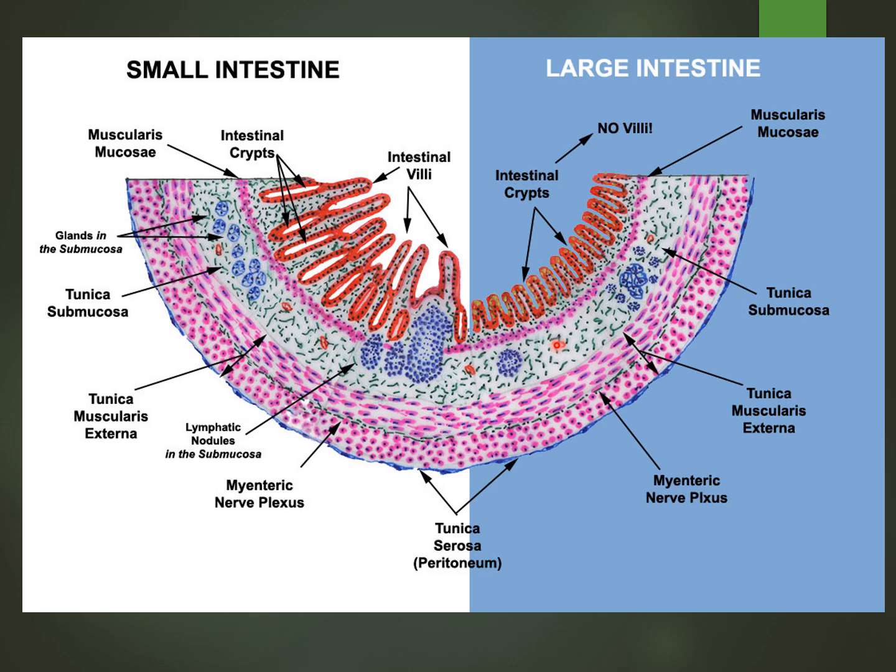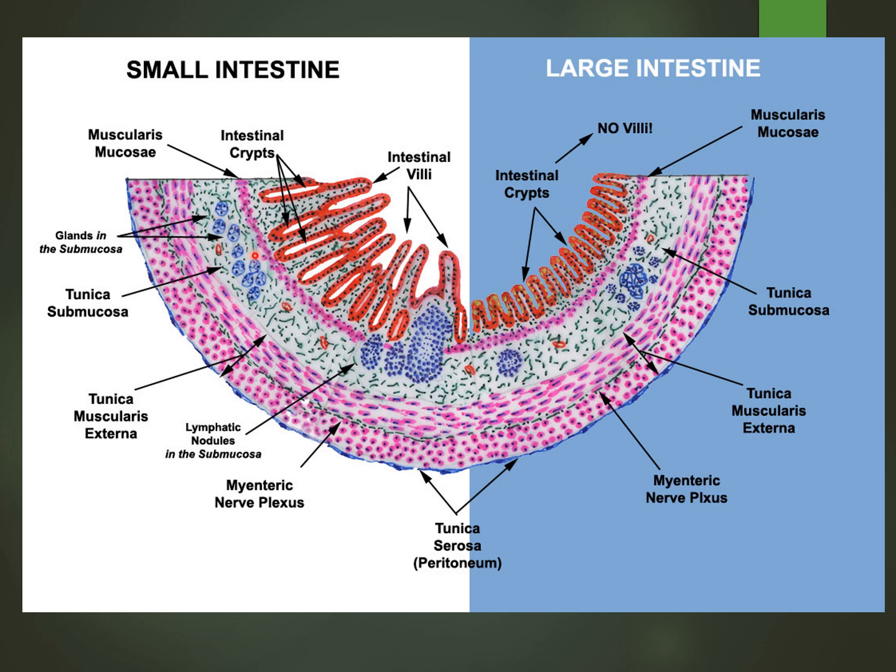The most important difference is the presence of villi and plica circularis in the small intestine. Villi are present in all three parts of the small intestine, whereas in the large intestine villi are absent. Other than villi, we have circular mucous folds, the plica circularis, which are present in the small intestine but absent in the large intestine.